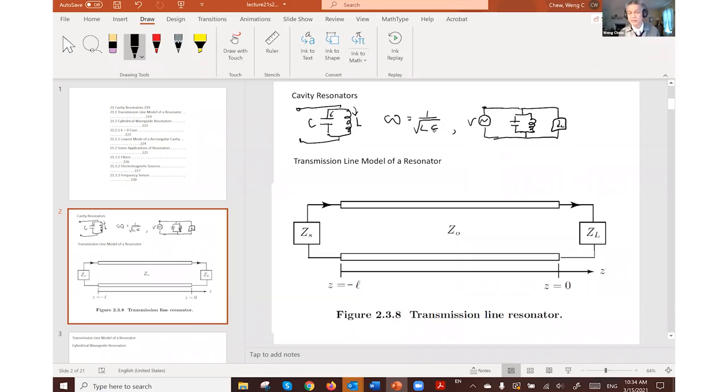And when the frequency is hitting the resonance frequency of the LC tank circuit, this becomes an open circuit. And the transfer of energy is perfect.